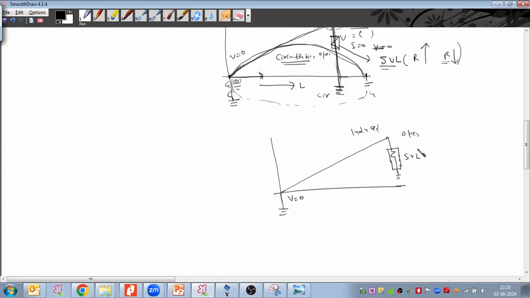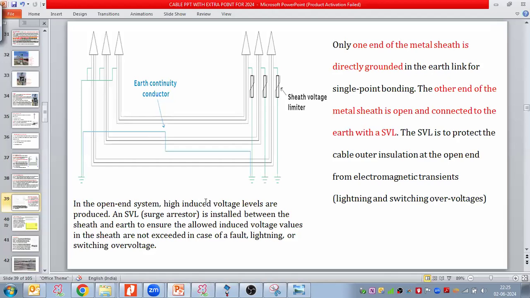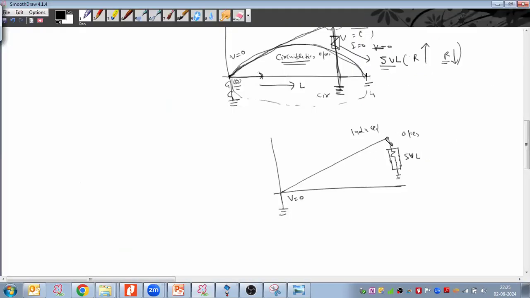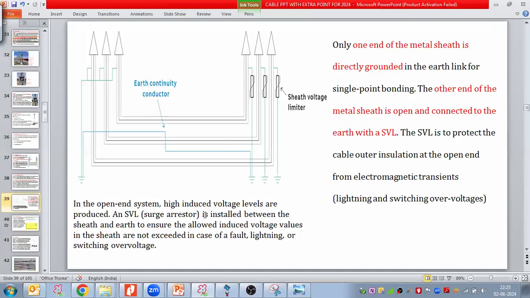So at the open end, high induced voltage is produced. The SVL is installed between the sheath and earth to ensure the induced voltage in the sheath does not exceed the allowed value in case of a fault, lightning, or switching overvoltage inducing overvoltage on the sheath.